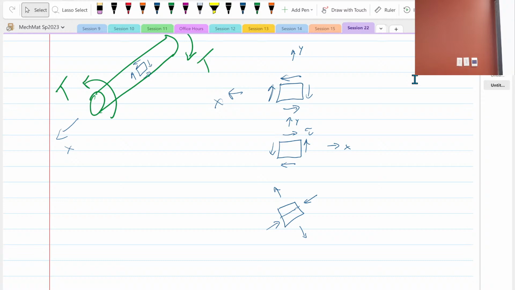One way is if I know I need one, but that's tedious. So if you're interested in the maximum transverse shear stress at the neutral axis, which is here, there are shortcut formulas.